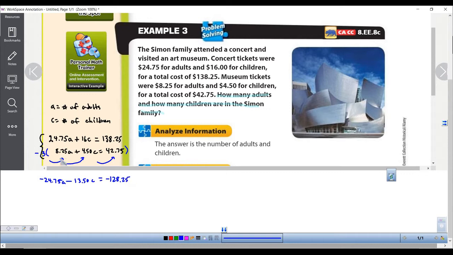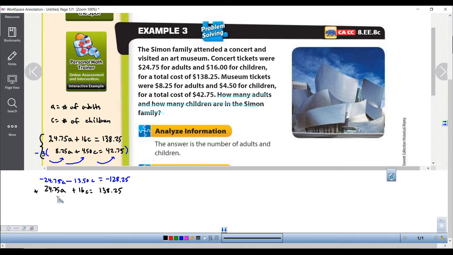So I took that bottom equation and I multiplied it by -3. All right, I'm going to go ahead and rewrite that top equation right below it. 2475A plus 16C equals 138.25. And when I add those two together, what's going to happen?